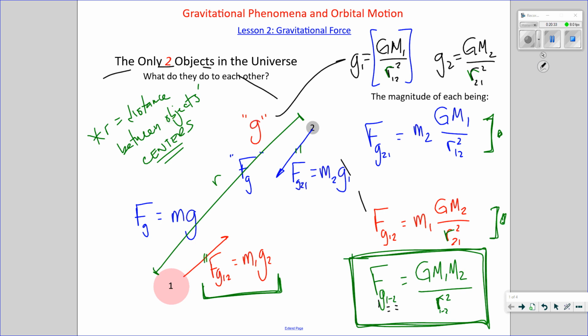So there have to be two different objects when you are expressing a force. But a single object on its own makes a field. So when we say field, we only need one object. You don't need two objects for there to be a gravitational field. Okay? So, do what you must to keep those straight, but you must.